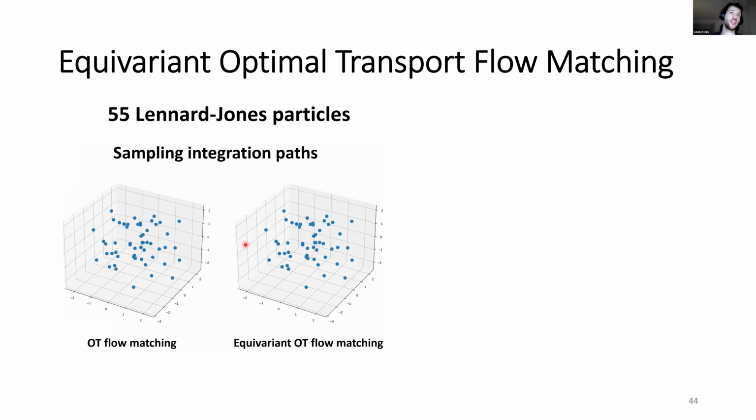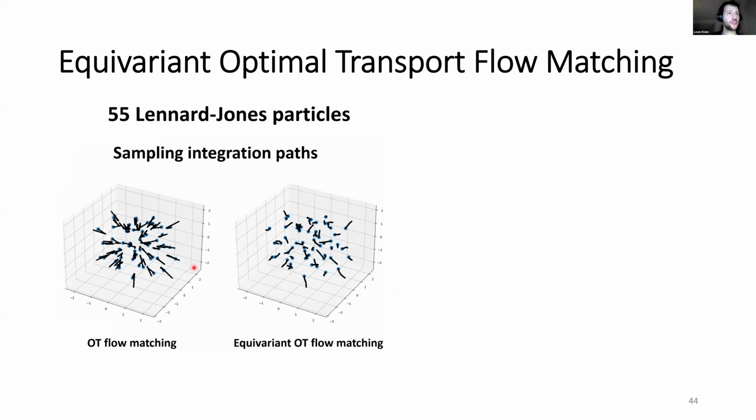We also tested an even larger system with 55 Lennard-Jones particles, and I'm now showing here, after training, a trained Boltzmann generator which is then sampling. And here I show the integration part, so when we perform the integration from the prior sample with the continuous normalizing flow.